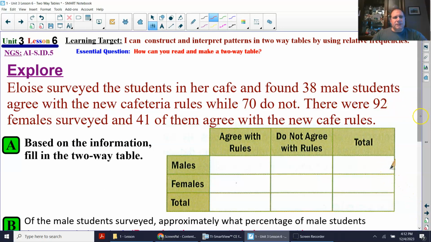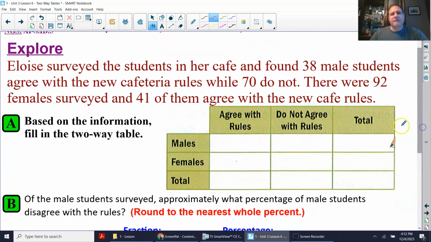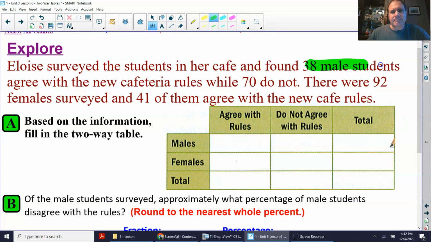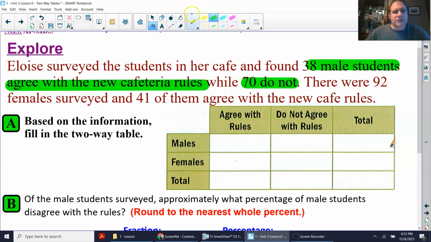So Eloise surveyed the students in our cafeteria and found 38 male students agree with the cafeteria rules. 70 do not. So let's stop there. 38 male students agree with the rules, and then 70 do not.